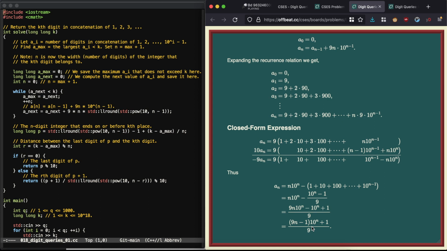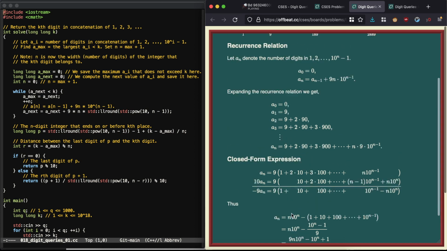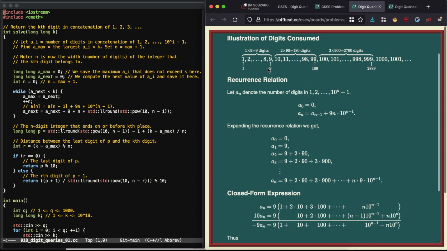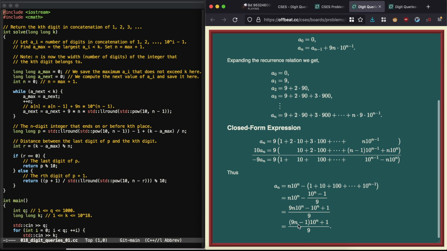Okay, one interesting thing to note here is that these numbers are growing pretty fast. For example, when we go from A1 to A2 and then from A2 to A3, these numbers are growing really fast, of the order, I would say, big O of n times this interesting number 10 to the n.